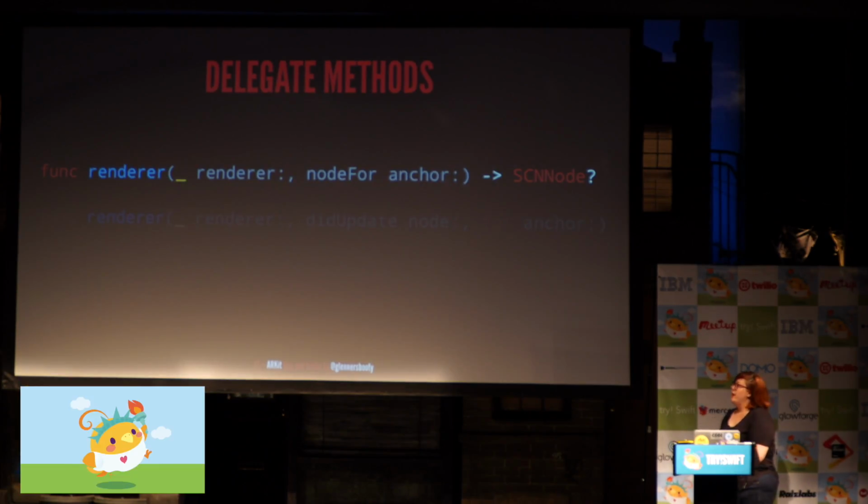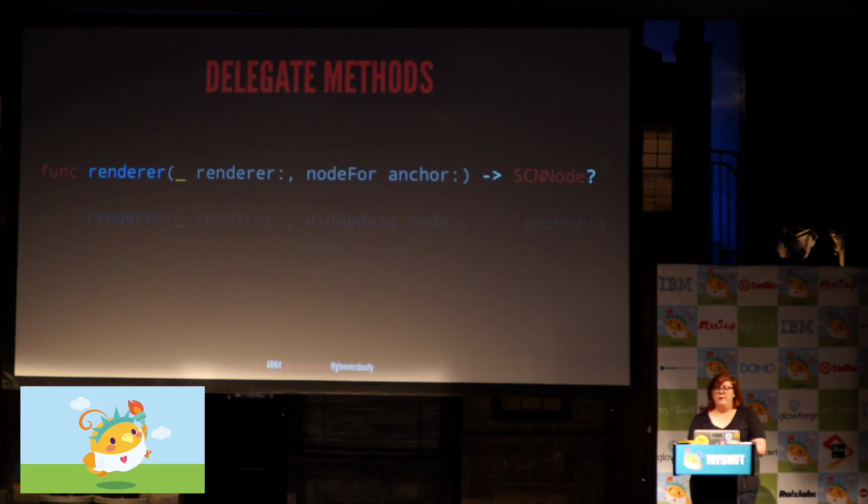So ARKit will be like, hey, we found a plane anchor, and do you have a node, which is a SceneKit object that you wish to represent this plane in some way, to visualize it per se. And so you're able to implement this method to tell ARKit, hey, I have this node, and please add this to the scene graph.